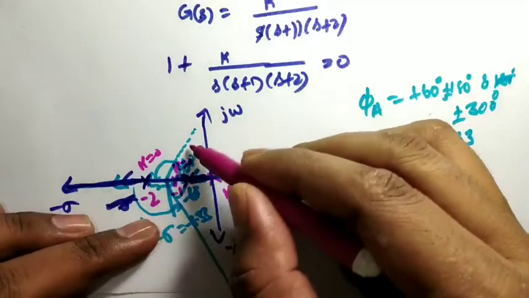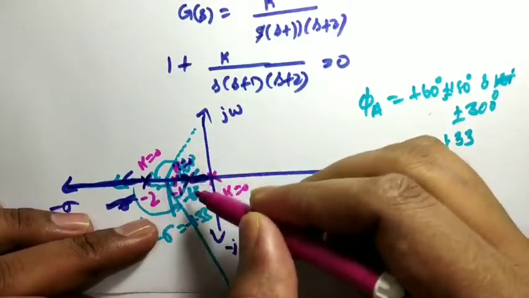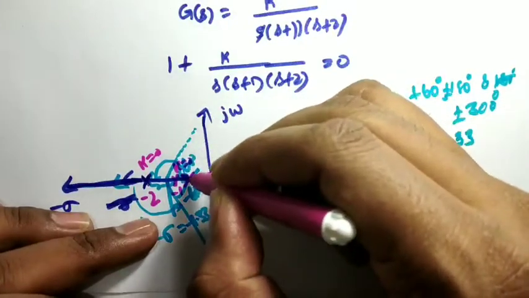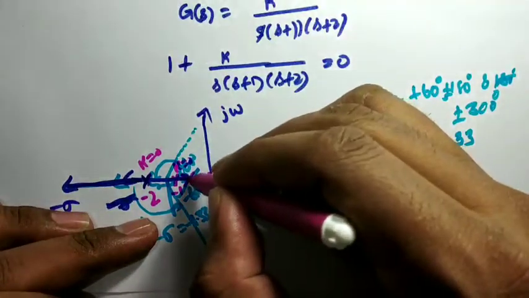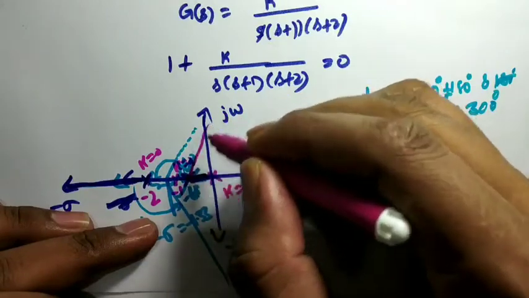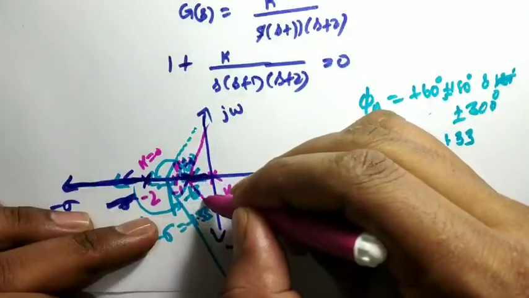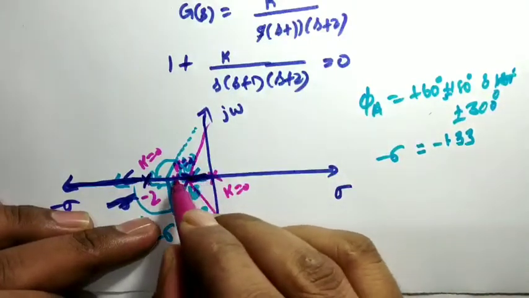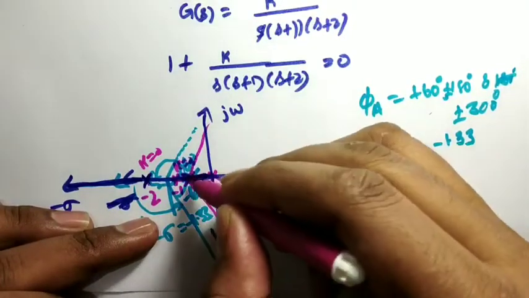These asymptotes give the direction of the roots. It means this root has to move in this direction, this will move in this direction, and this root will move in this direction. Okay, as k increases, they will meet at this point.